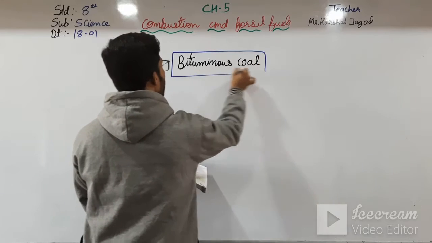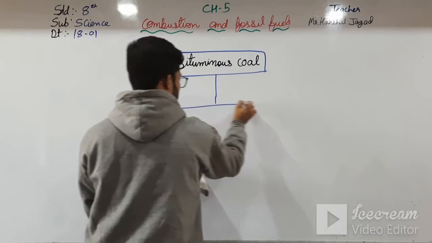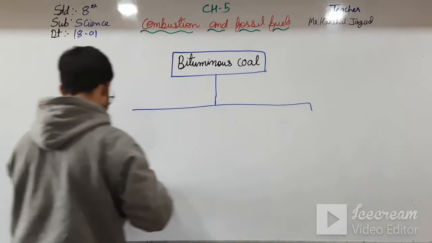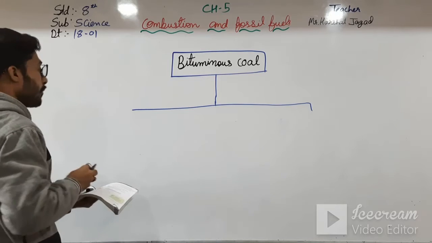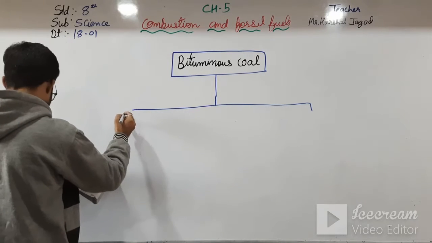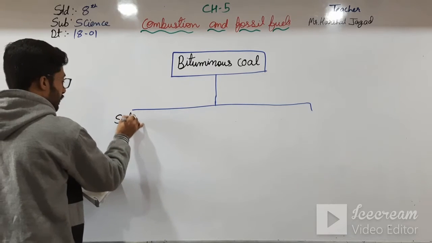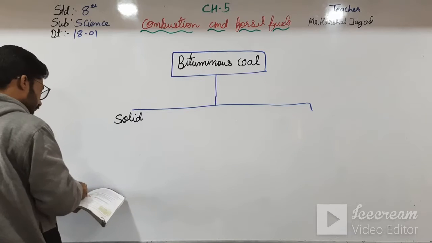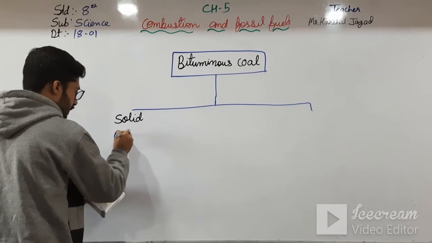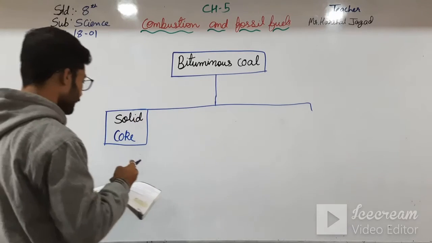So when this coal is heated up, we get three products. We have to heat this in absence of air. In solid we get coke.